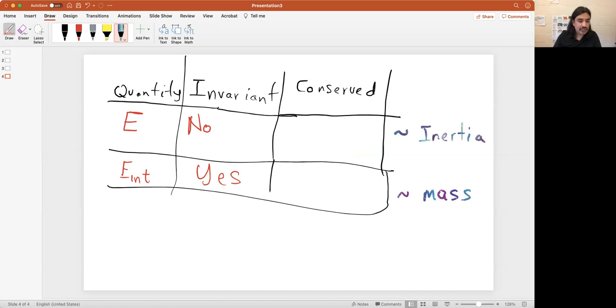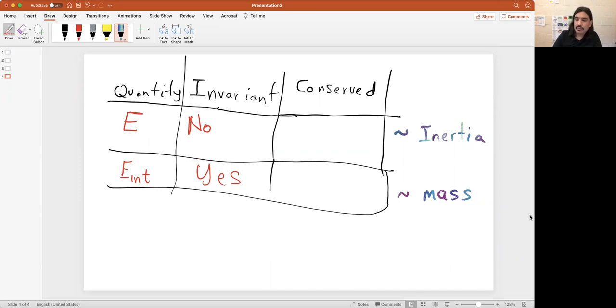So the new question is: is energy a conserved quantity? Is energy a conserved quantity? All right, so is energy a conserved quantity?